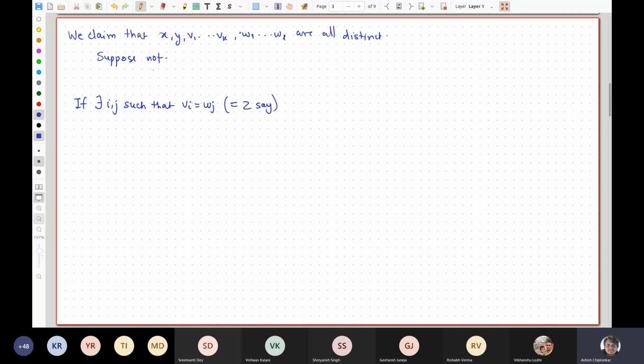Then where can a collision happen? We know that x and y are different from v1 through vk, and x and y are different from w1 through wl, so therefore we must have k and l both greater than or equal to 1. And moreover, there exist i, j such that vi is equal to wj, and let's call that common vertex z.